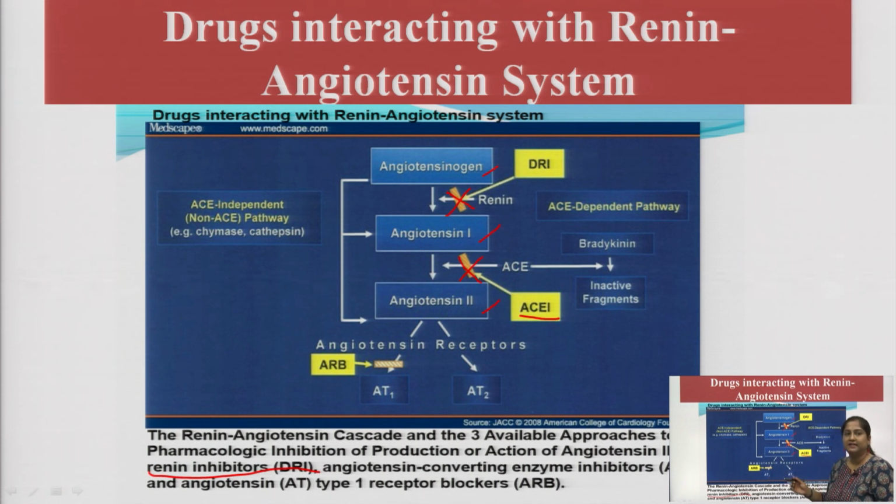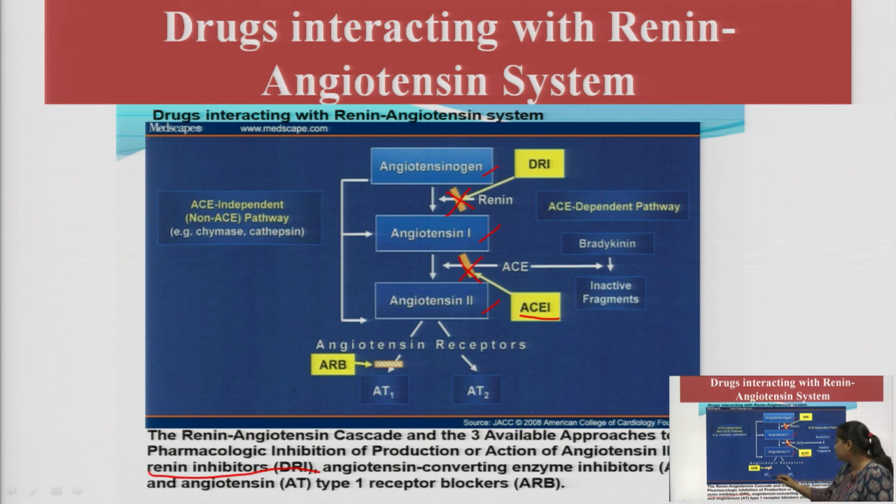So, ultimately the increased blood pressure will slowly diminish. Then the third phase where we can use our antihypertensive agents is the attachment of angiotensin 2 to the receptors, that is the angiotensin 1 and angiotensin 2 receptors.